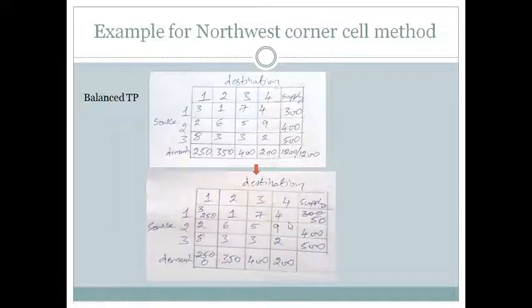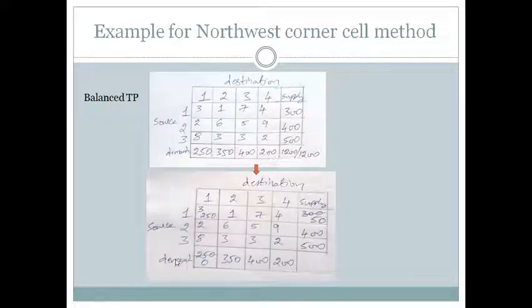I repeat: if a column or row, supply or demand, becomes 0 after the subtraction, you exclude it.